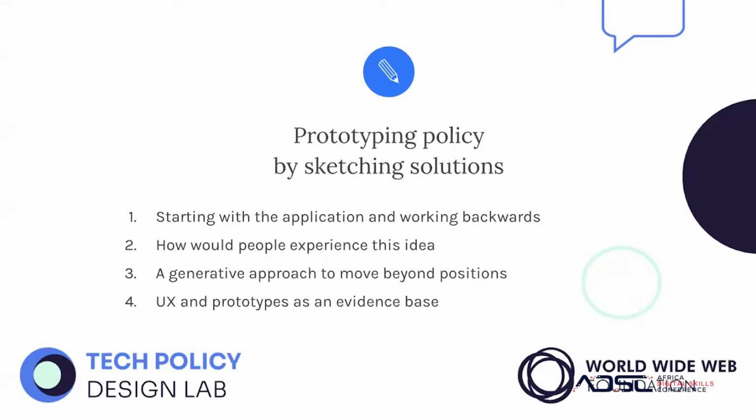And it's a generative approach to move beyond positions, with UX and prototypes as an evidence base. If you're focusing more on product, you can also create principles. If you're working on policy, guidelines, norms, there are frameworks that governments can use. So even the outcome really depends on you and what you feel is the solution you're looking for.